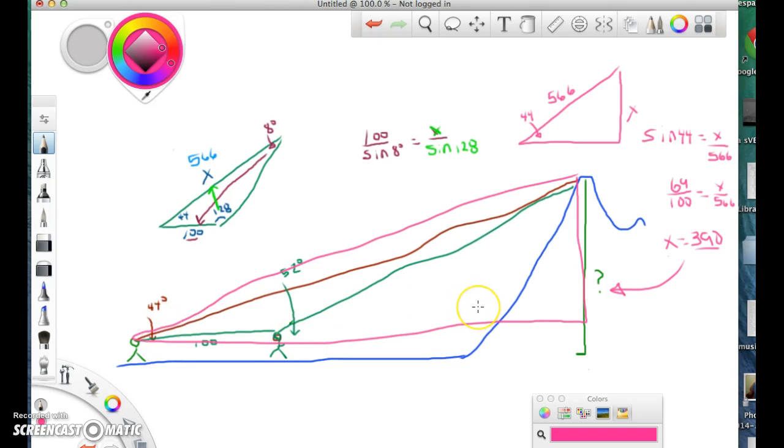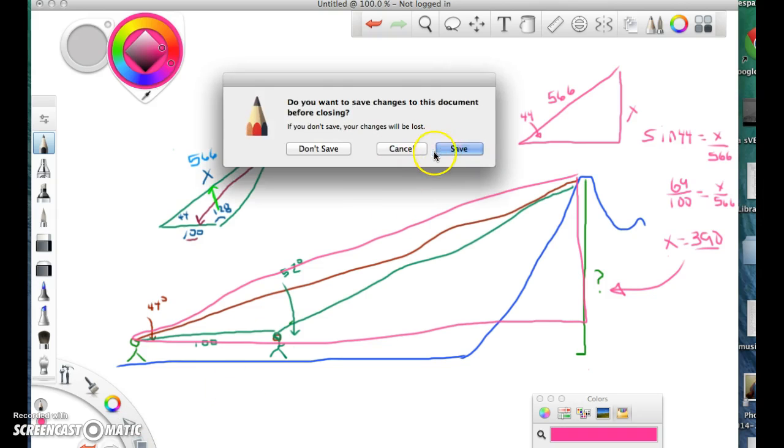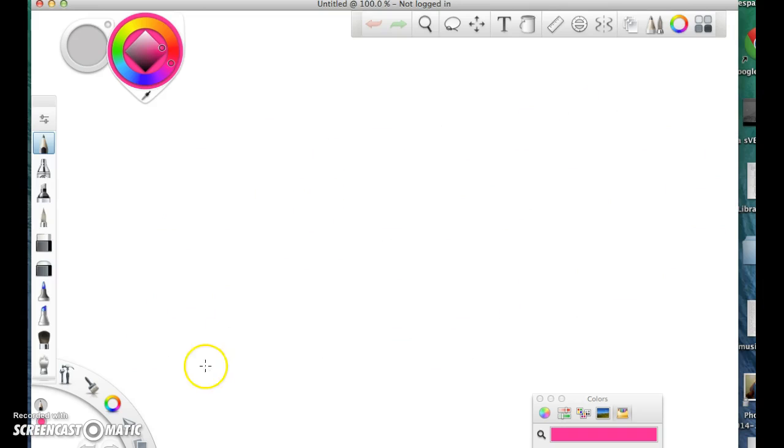Alright, so hopefully this will give you a little better understanding. What I want you to do next is pretend you're finding a new mountain. There's a huge mountain. So draw a mountain, and don't use my numbers, use your own.